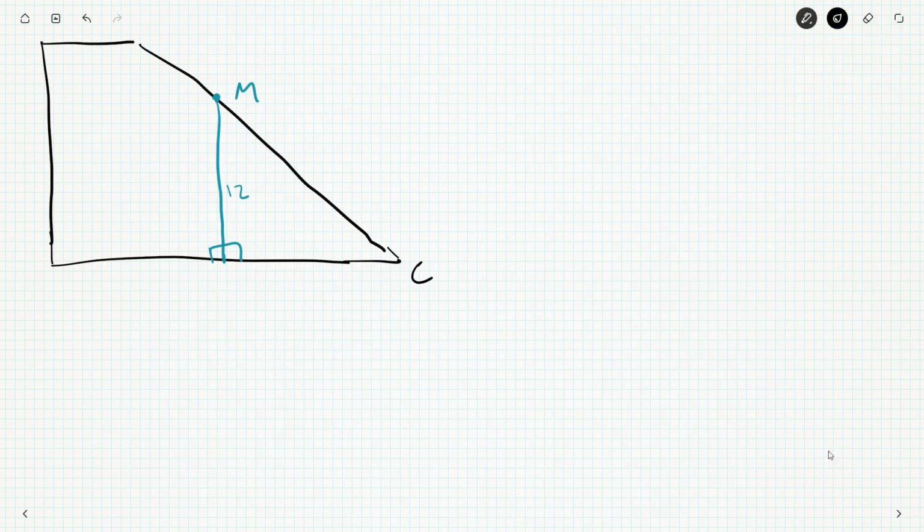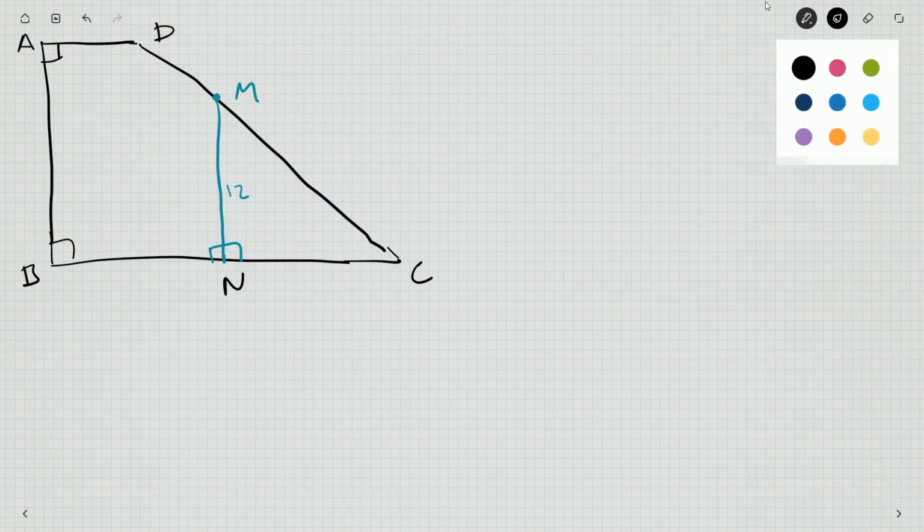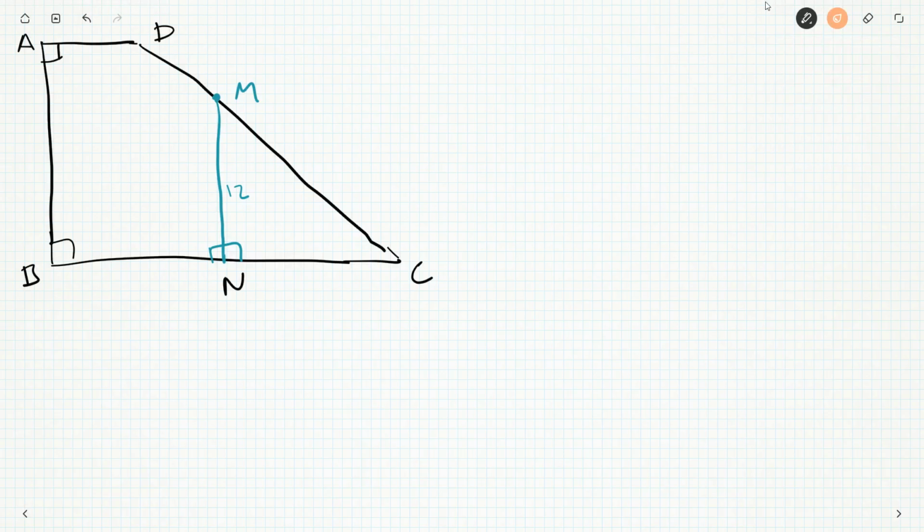Okay, what can we do? Well, notice that we've got some right angles. We don't quite have a right angle up here at D, nor do we have a right angle down here at C. But we dropped an altitude to N. What if we draw another length using this peachy color? Okay, and we might call this point E.